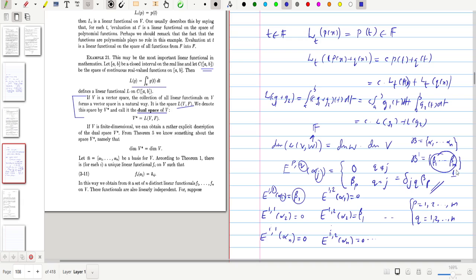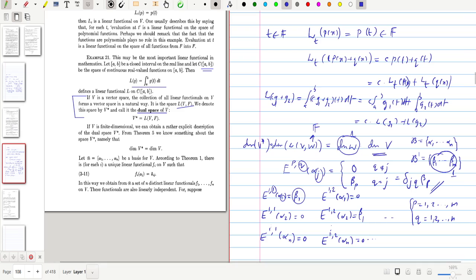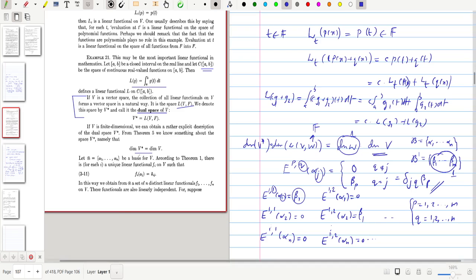Then this m will be 1. Consequently, the dimension of W will be 1. Then V star is defined as L(V, F), and the dimension of V star is the same as the dimension of V. That we have discussed. The dimension of V star is always the same as the dimension of V.